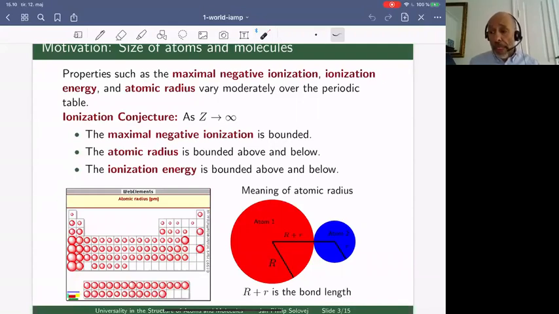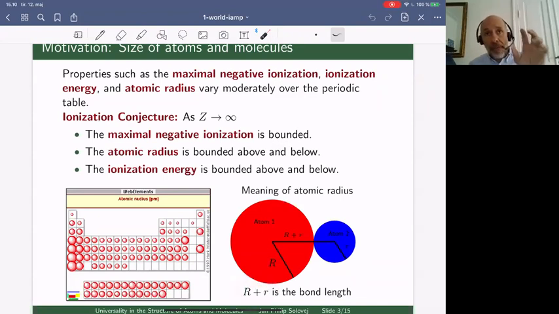But before I go there, let me just discuss the meaning of an atomic radius. What do we mean when we say the radius of an atom? Now, it turns out that to each atom you can associate a number. This is a phenomenological fact. So this is the large atom, you can associate the big R, and here's a small atom where you can associate a little r, such that the bond distance between the 2 atoms will be R plus r.